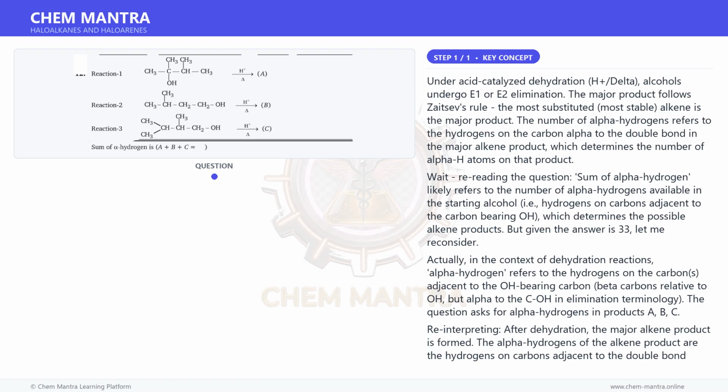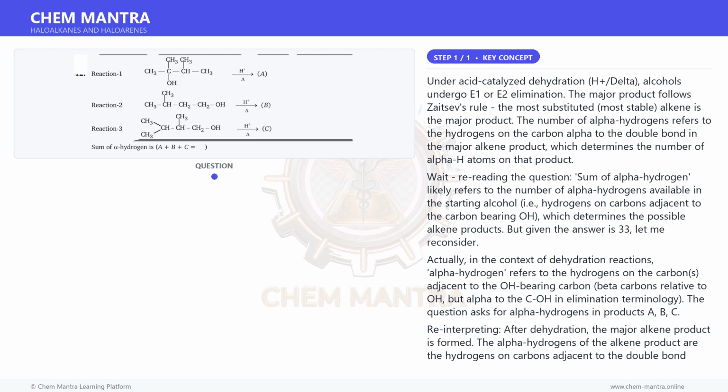Actually, CH3, CH(CH3), CH2, CH2+, primary carbocation, 1,2 hydride shift gives CH3, CH(CH3), CH+, CH3, tertiary. Deprotonation gives CH3, C(CH3)=CH, CH3, 2-methylbut-2-ene, as the major product B.